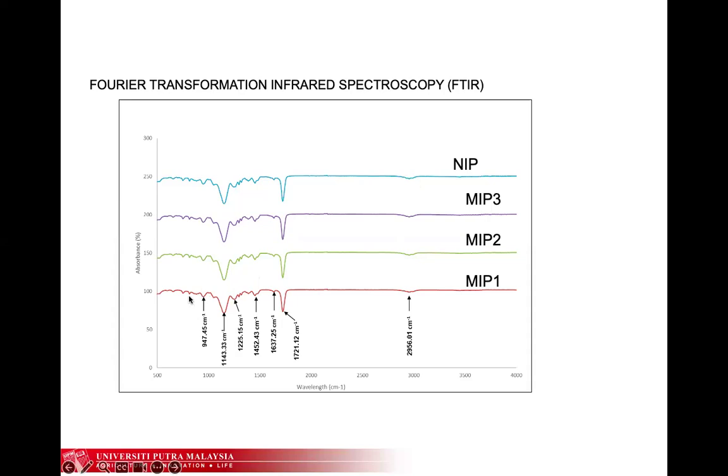But most of the time, if we are to observe hydrogen bond, we will look at this area. If you have a broad band here, there is a possibility that hydrogen bond is formed, meaning that there is interaction between the monomer and the template. So the first thing to look at, and the most important, is FTIR.